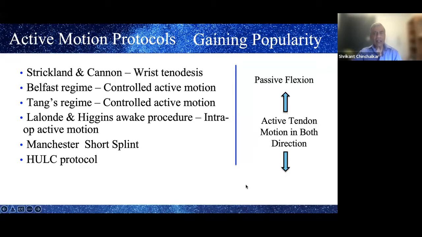So in other words, the active motion program definitely has a lot more advantages in terms of tendon gliding distally, tendon gliding proximally, and having an appropriate, exact amount of differential tendon motion between FDS and FDP when we perform motion at the PIP as well as DIP joint.